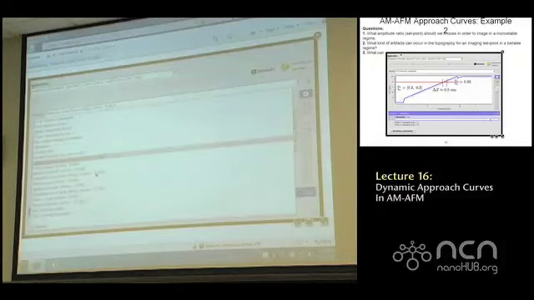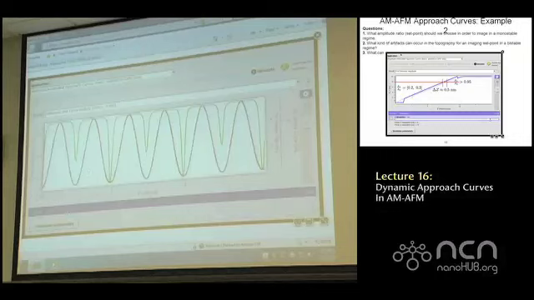If we go down to 0.3, there's a somewhat interesting result here. You notice that we're still in the attractive regime, and we haven't touched any repulsive forces yet. But you'll see that the tip sample interaction forces in green look somewhat irregular, right? They're not repeating exactly every cycle.